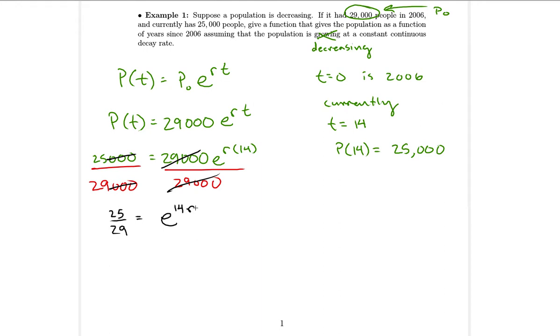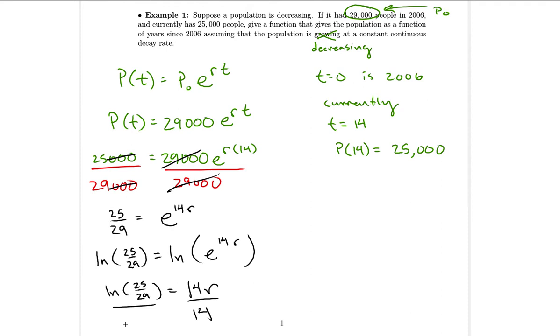But of course, if we take the natural log of both sides, we know that the e is just going to go away. So it's the natural log of 25 over 29 equals 14r. And so dividing by 14 finishes solving for r for us.